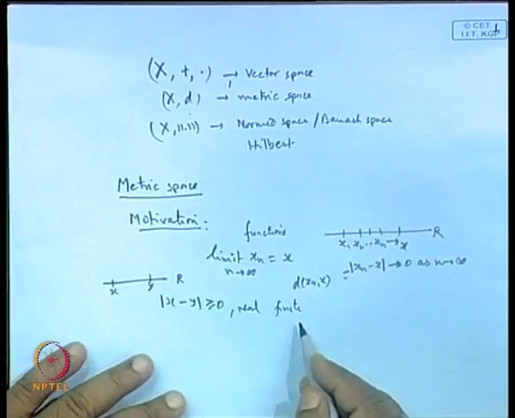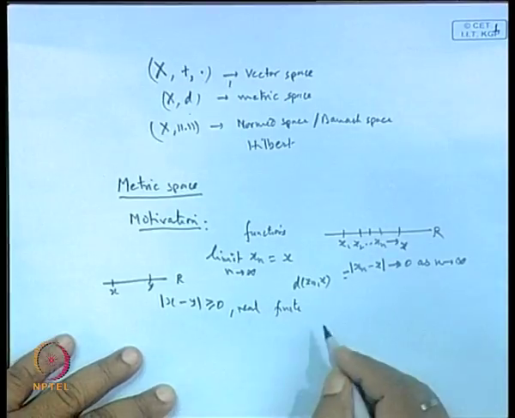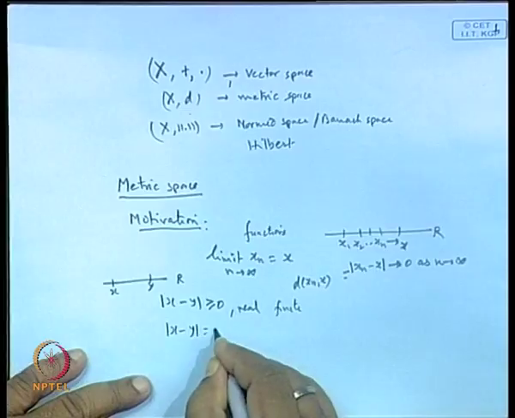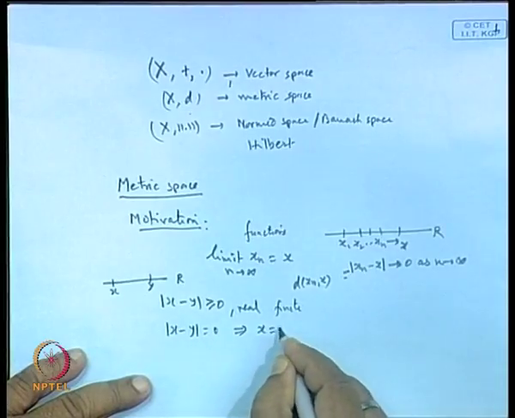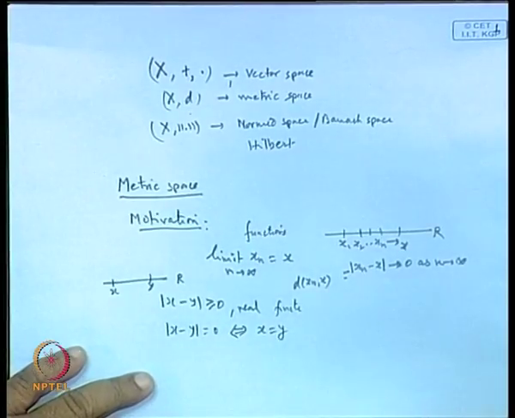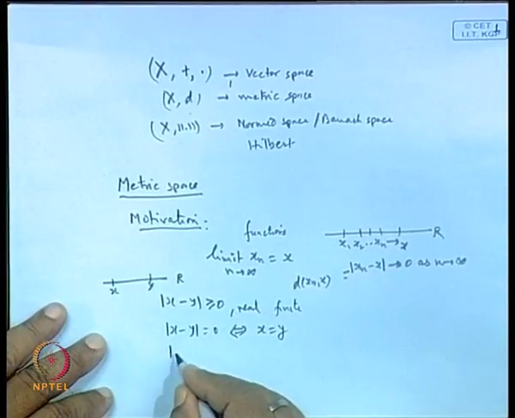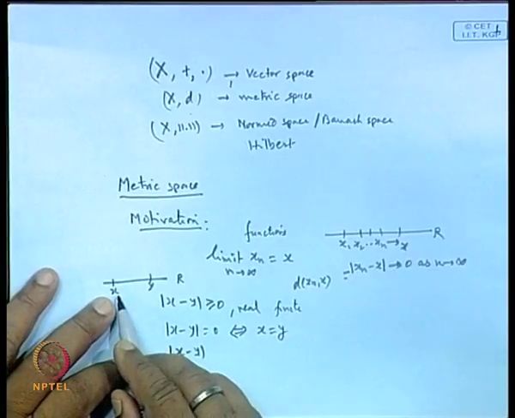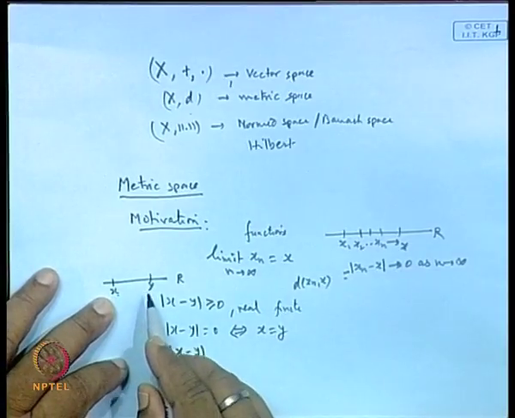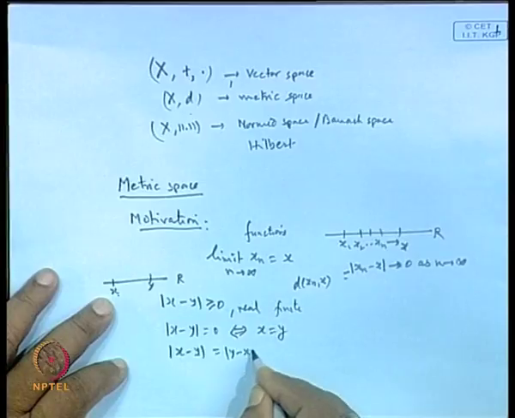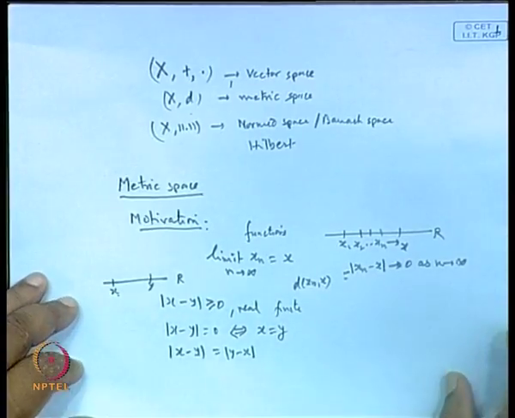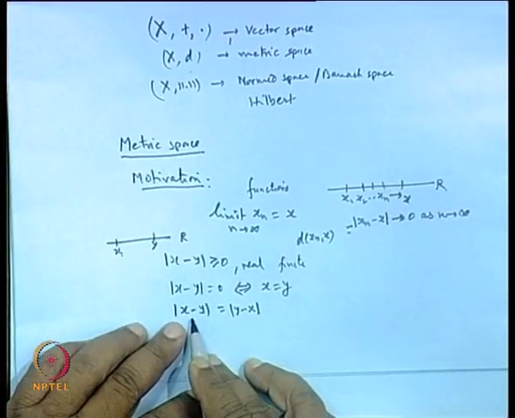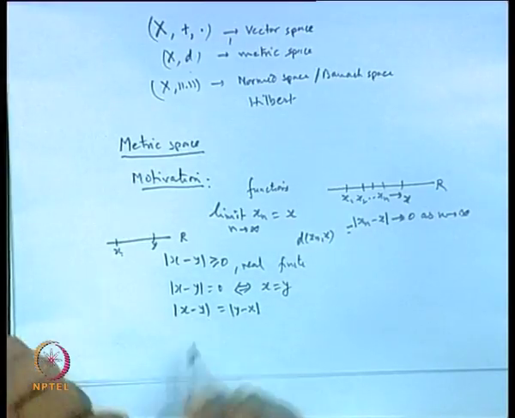It is a real, finite, non-negative number. It can be 0 only when x is equal to y and vice versa. Then, whether we measure the distance from x to y or from y to x, the distance remains the same. That is, d is symmetric in x, y.